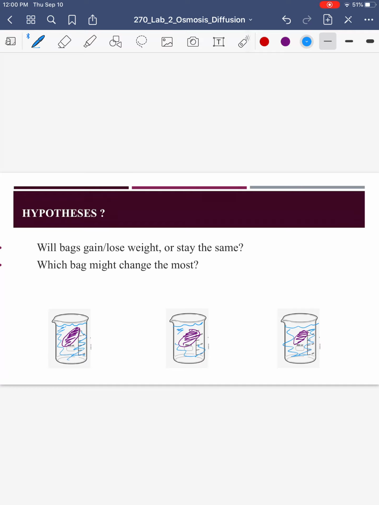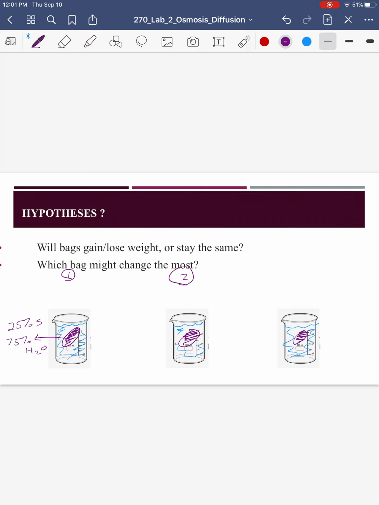So if we want to determine how the sugar is going to diffuse and how the water is going to diffuse, all we have to do is lay out the concentrations inside and outside of the bag. So it's really, once you lay it out, I don't think it's as difficult as maybe it might seem to you at first. So let's take our bag number one. And our bag number one had 25% sugar and 75% water.